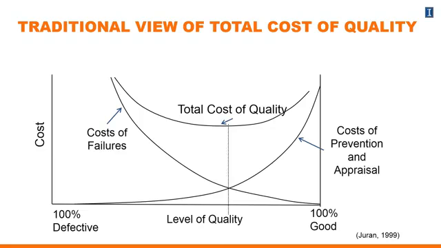And the conventional idea was that there's an optimal level, a level at which you should be, which is saying it's not worth it for you to try to be better than that. It's not worth it to go towards 100% good quality because your costs are going to be too high. So there's an optimal level there. And without putting a number on that, let's say that you are accepting some bad quality at this optimal level. You're saying it's okay to not be 100% good.